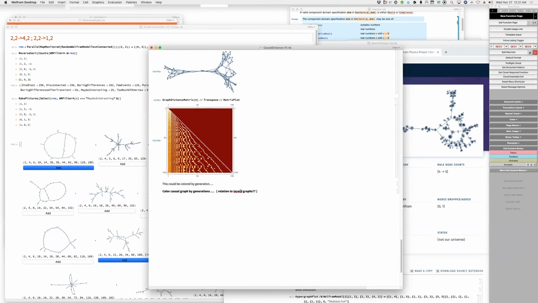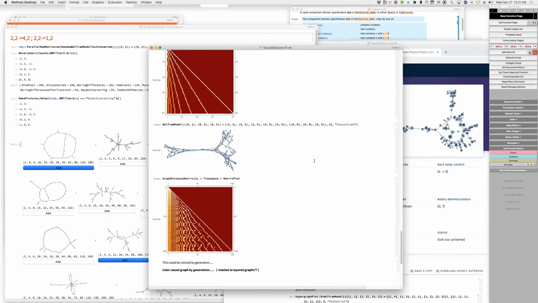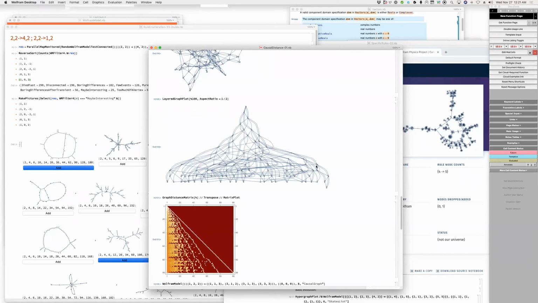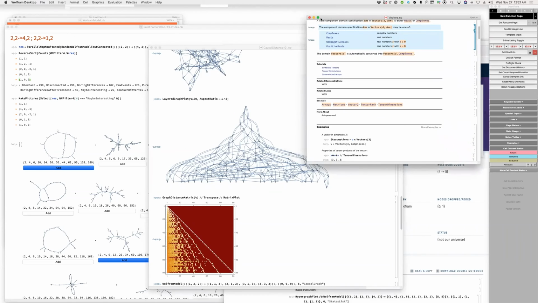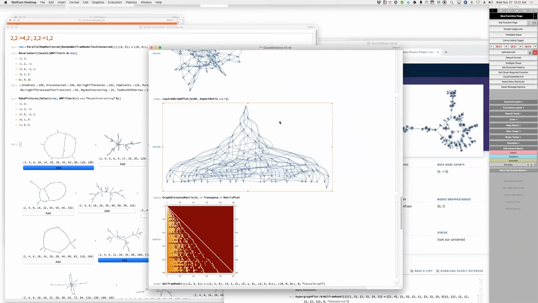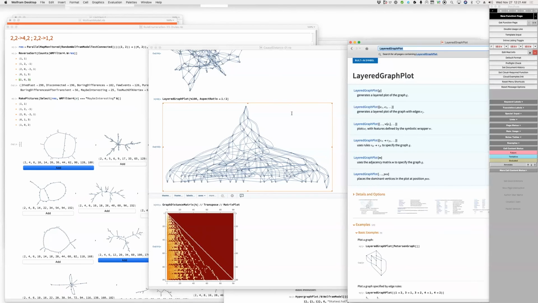So it should layer by minimum distance from the root, I think. And what else would layered graph plot be doing? Maybe we have to tell it the root. Well, it clearly is not doing that. I think it's, well, I don't know.